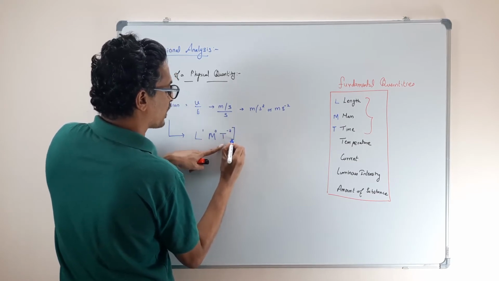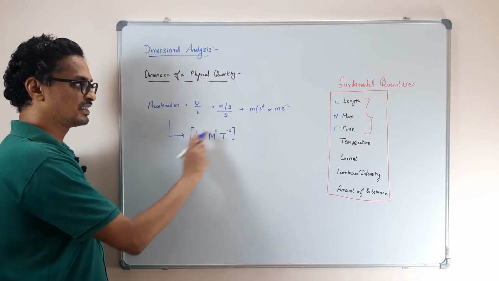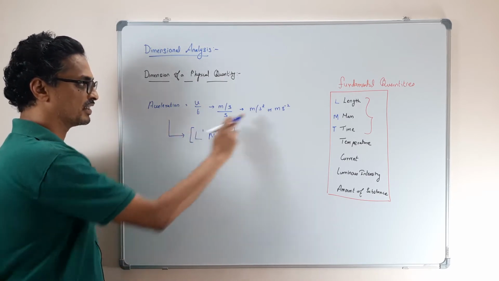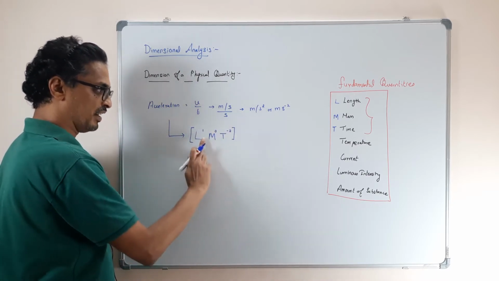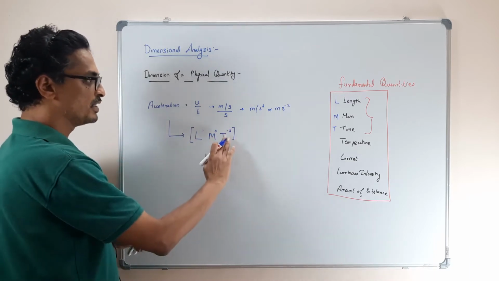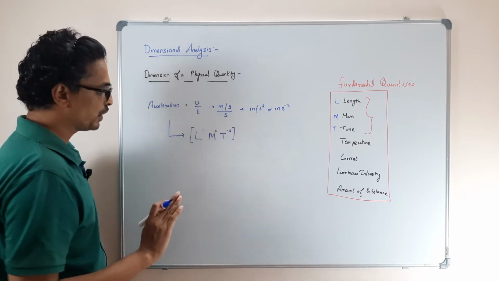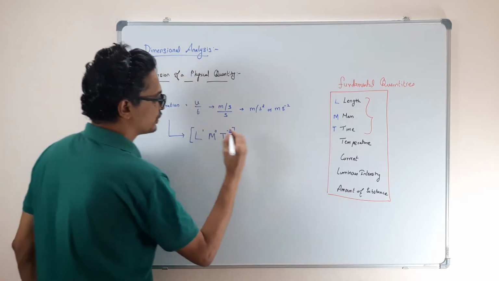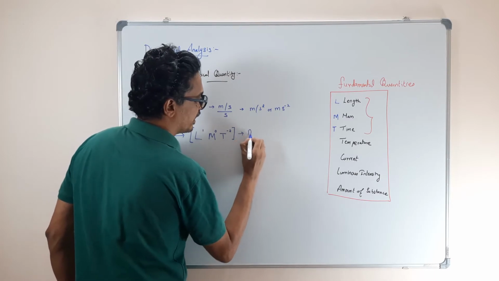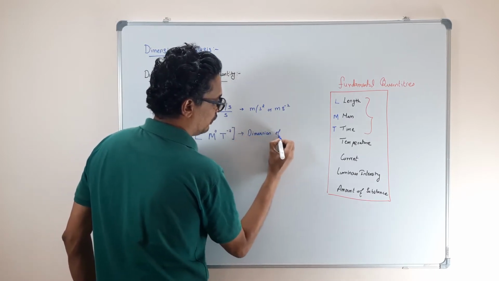Then I put a square bracket. So for acceleration, length is power 1, mass is 0 and time is to the power of minus 2. And this you call the dimension of acceleration.